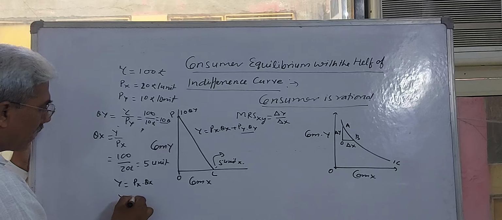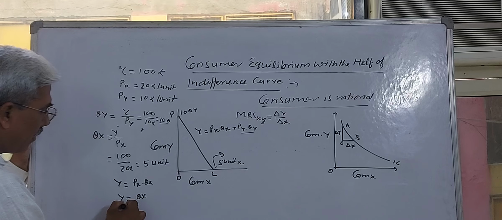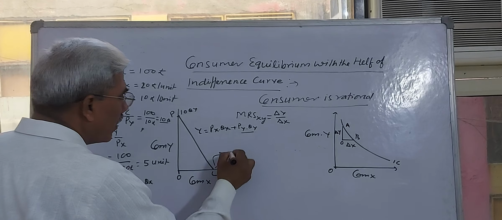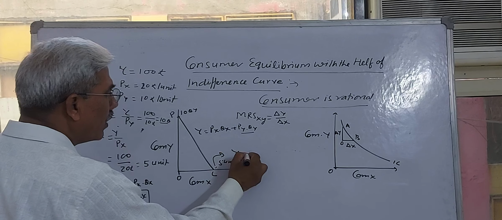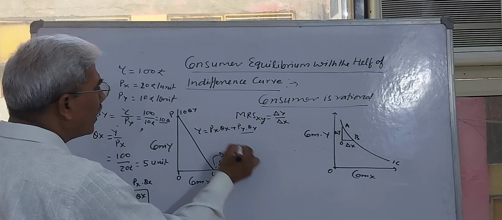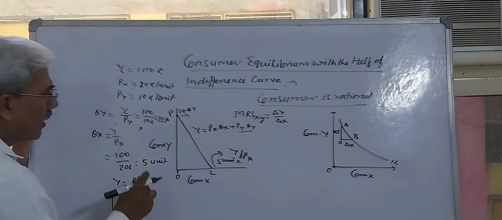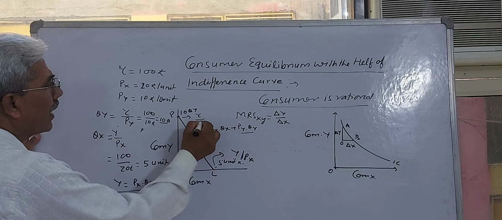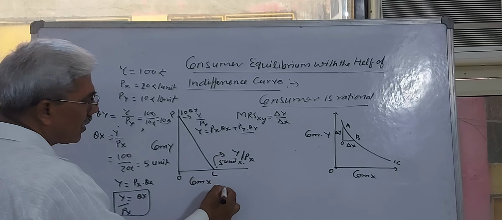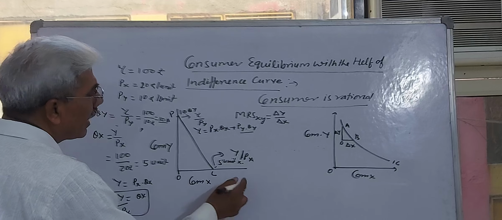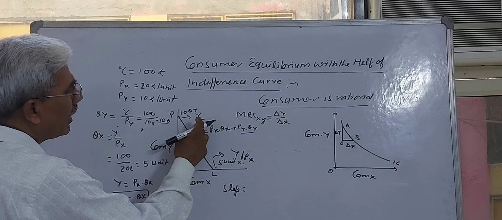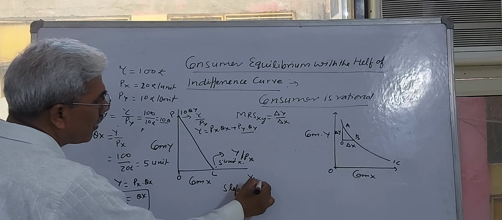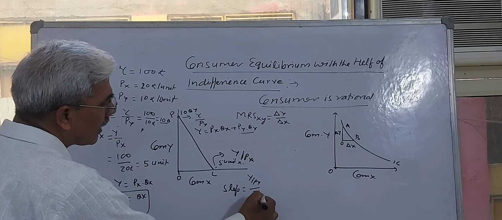In this way, Qx is equal to Y upon Px. This will be the equation, that is Y upon Px. Similarly, you can derive the other equation, that is Y upon Py. And when you derive the slope of this price line, it is Y upon Py upon Y upon Px.